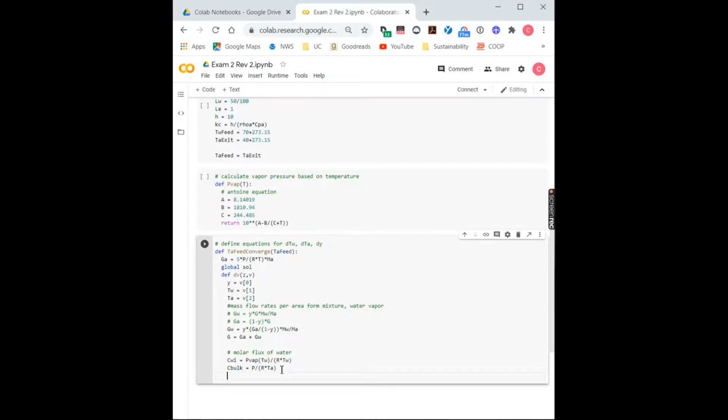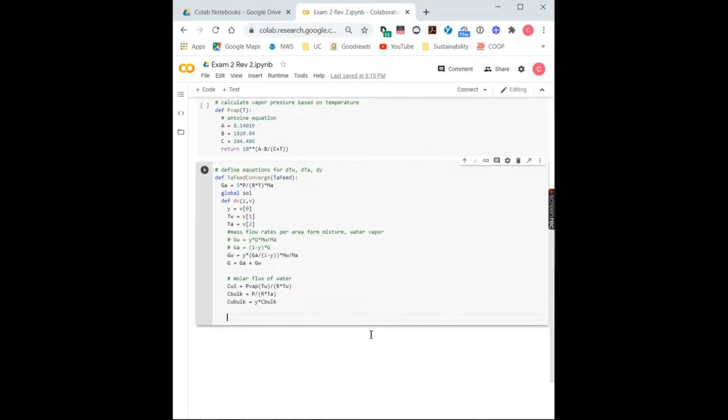And so, therefore, our concentration of water in the bulk flow of the air and water vapor mixture will be equal to the mole fraction of the water times our total bulk concentration.